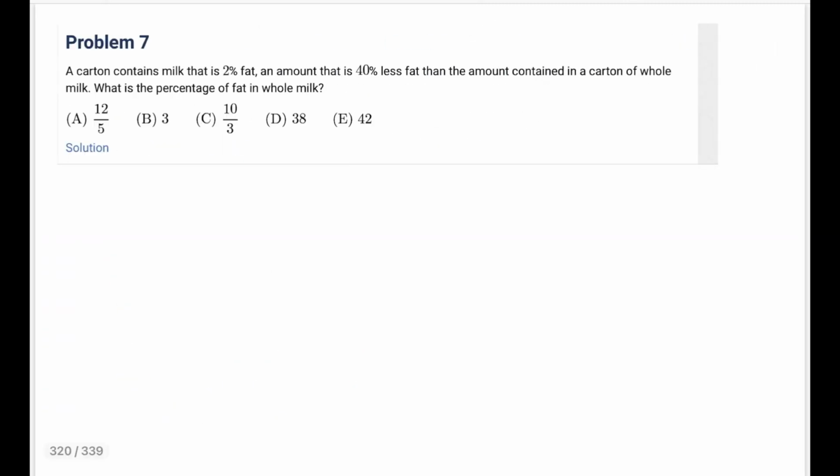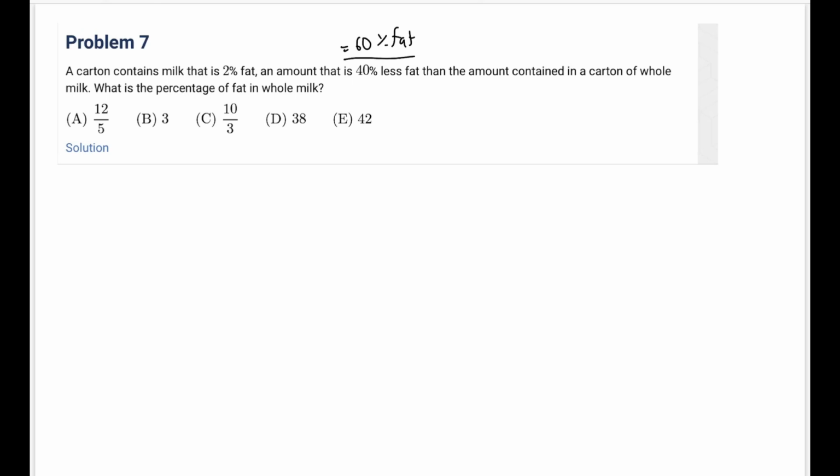So let's go on. Number 7: a carton contains milk that is 2% fat, an amount that is 40% less than the amount contained in a carton of whole milk. What is the percentage of fat in whole milk? Okay, so it says that 2% fat is 40% less fat, so this will be 60% fat.